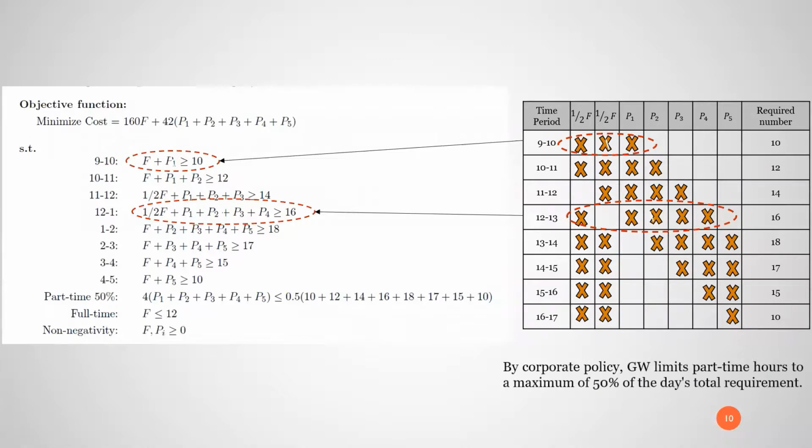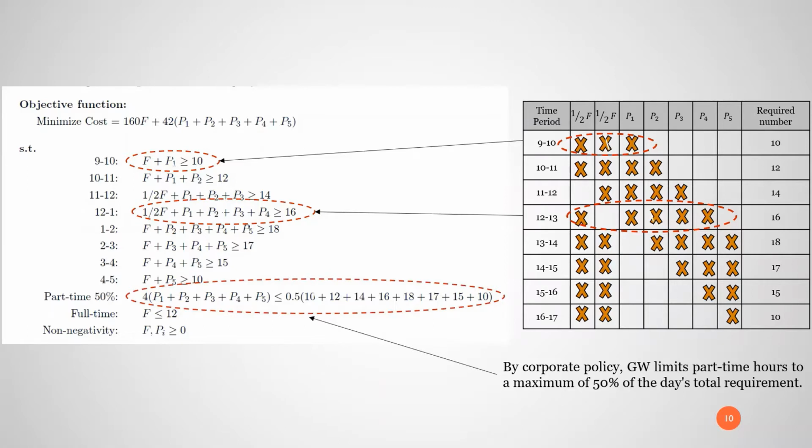There is another limitation available in the problem, and according to the corporate policy, this policy limits the part-time hours to a maximum of 50% of the day's total requirement. So let's take a look at this. How many hours part-timers can work?